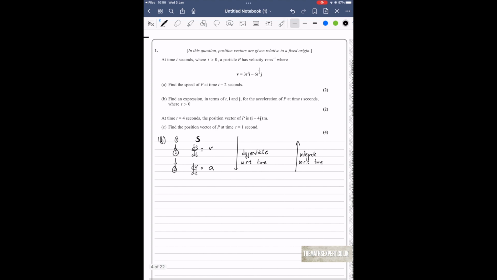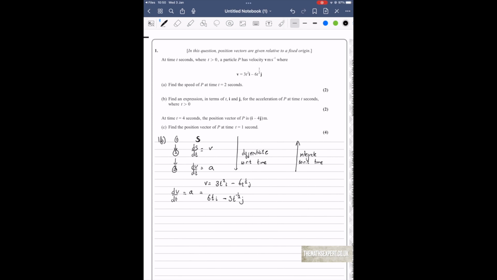So, therefore, how are we going to do this? It wants the acceleration. Well, I know dv over dt would equal the acceleration, which therefore is going to give us, if we take the original equation, and I'm going to put it on top here just to make sure I have it in front of me so I make absolutely no errors, 6t i minus a half times 6 is 3t to the power of minus a half j.